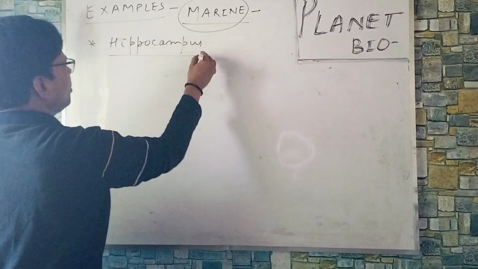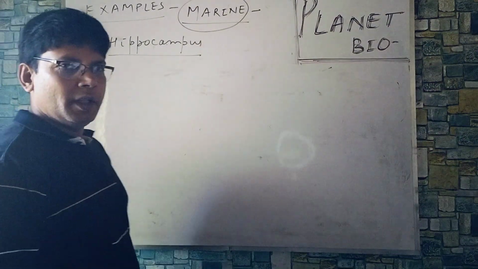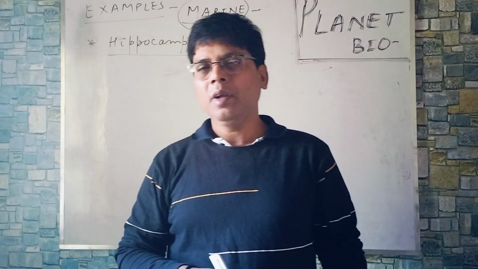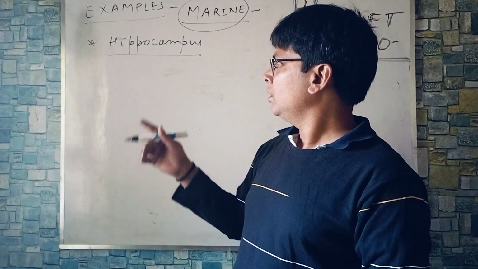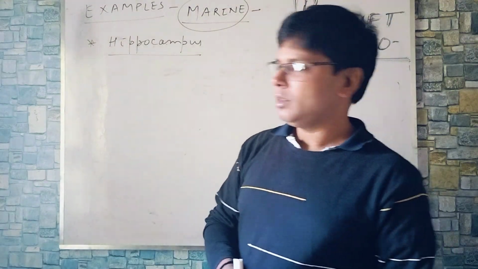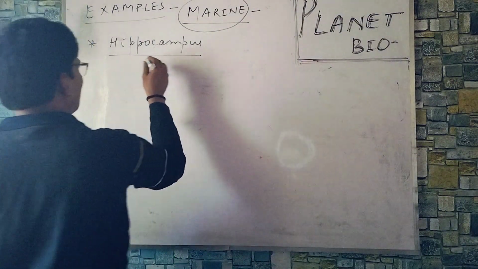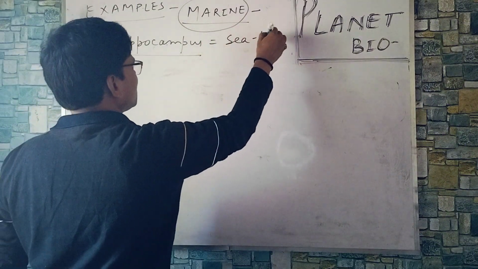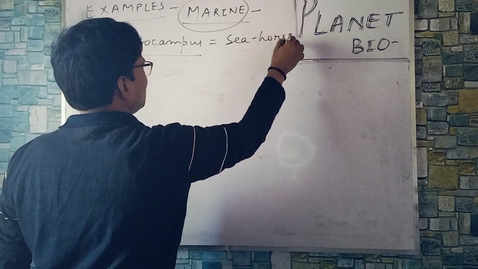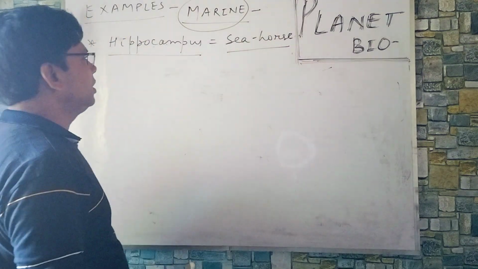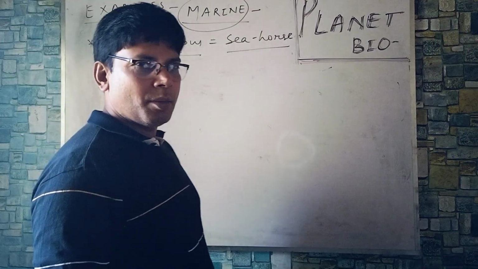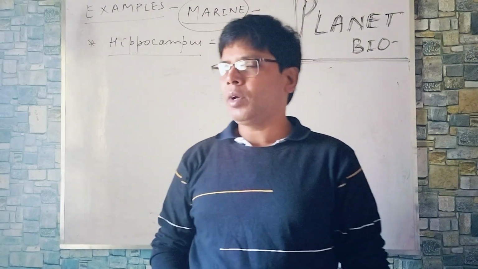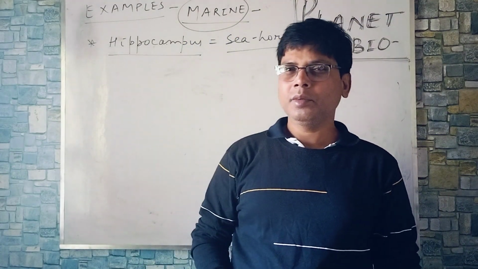Hippocampus, you have to underline it, because hippocampus is also a structure in our forebrain, which is written without underlining the term, but here we have underlined the biological name Hippocampus, commonly called seahorse. The anterior part, the head, is just like a horse. You can find sexual dimorphism also.